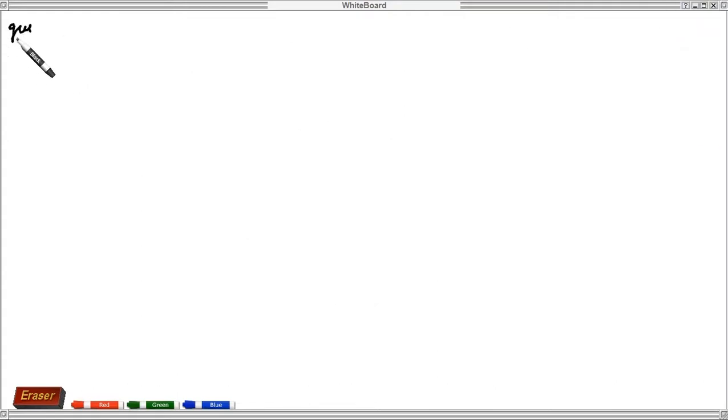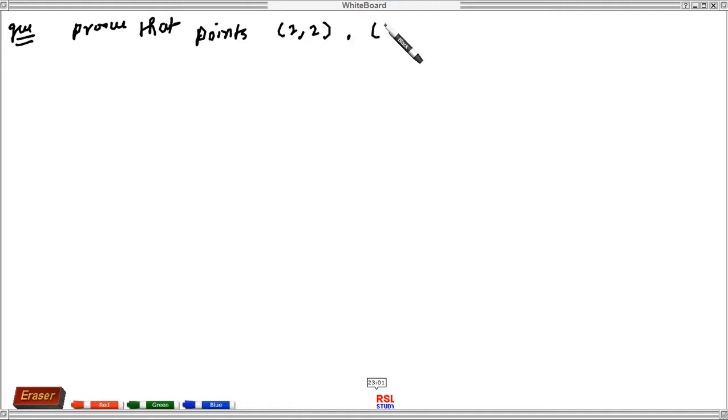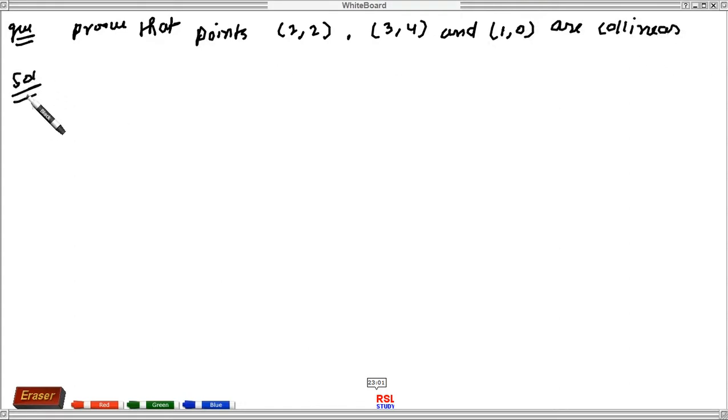Now we will see another question. Prove that these points are collinear.